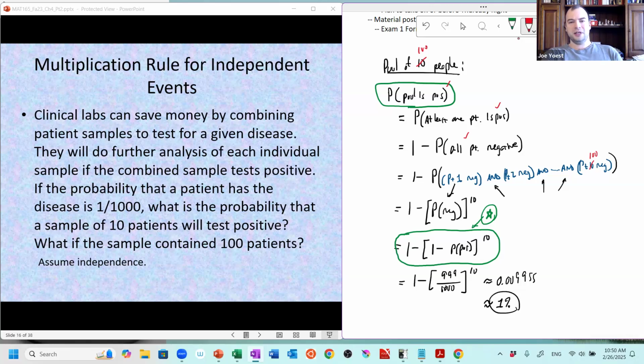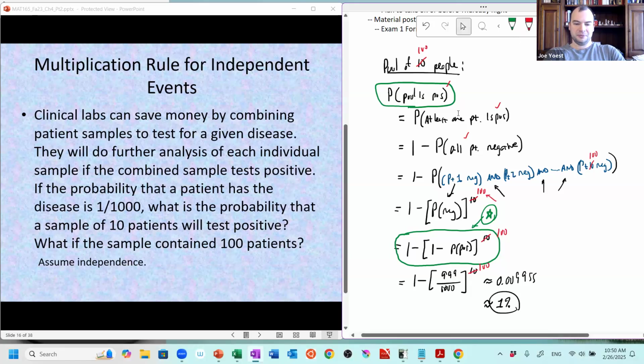So we're really in the realm of math here, rather than what might actually happen in a laboratory setting. Maybe a pool of 10 or 20 would work. I kind of doubt that a pool of 100 would work, but we'll just pretend that it would, that our instruments are sensitive enough. So this 10 going to 100 means this exponent goes to 100, as does this one, as does this one.